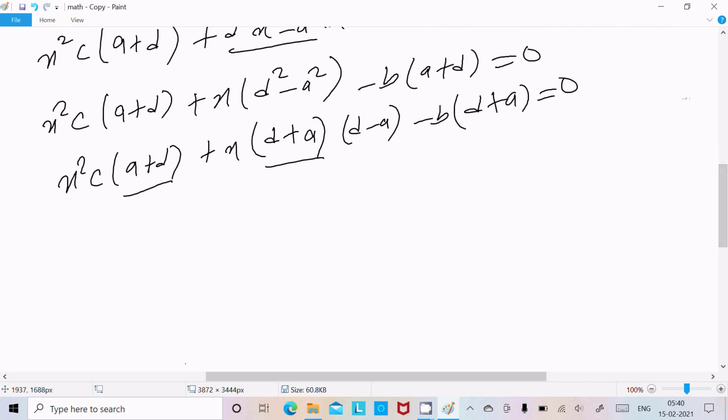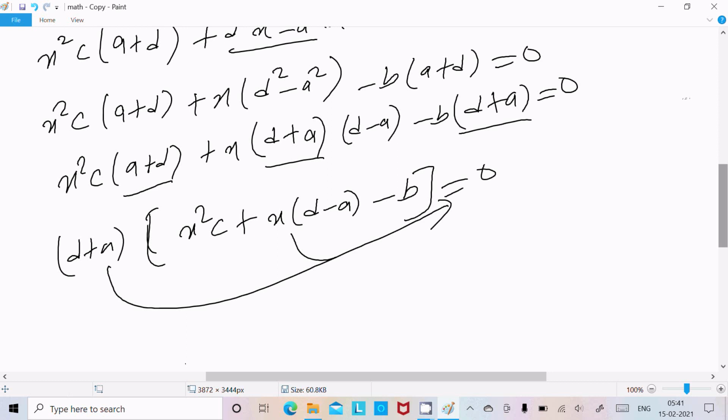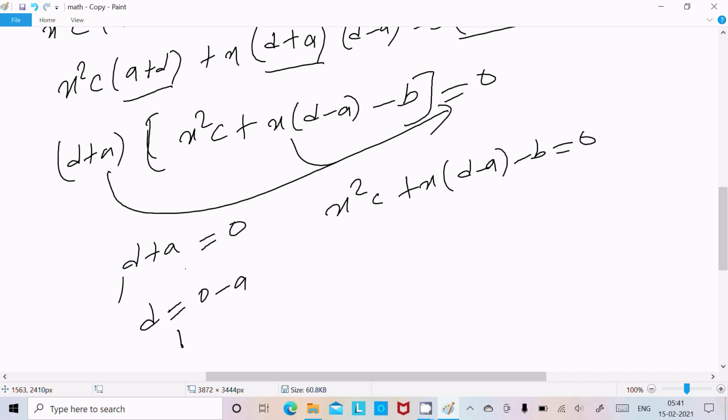So in all, here you can see (d + a) is common, taken the common, so here it becomes (d + a)(x²c + x(d − a) − b) = 0. Now making the relationship with this one equal to 0 and this also with the 0. So here d + a = 0 and x²c + x(d − a) − b = 0. d = 0 − a, d = −a is the answer.